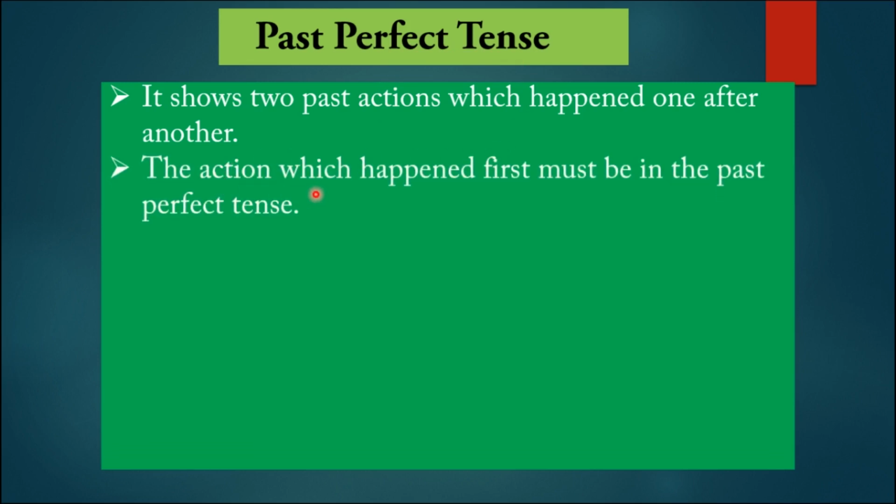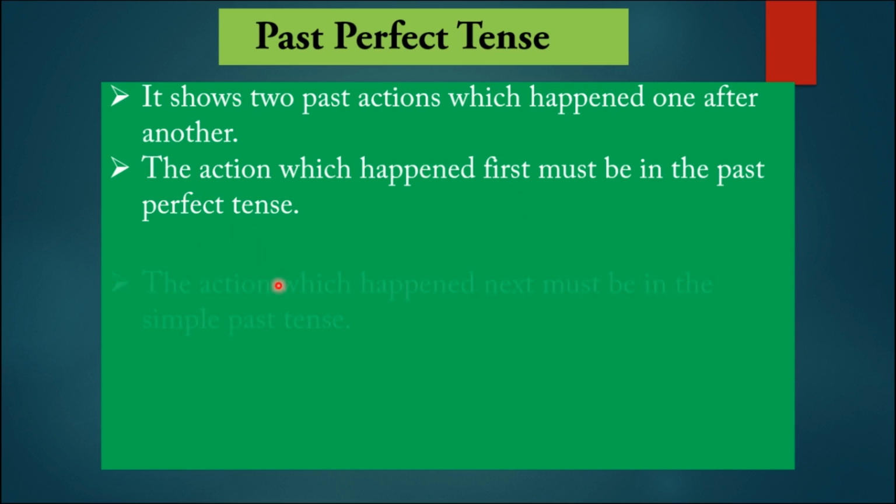The action which happened first must be in the past perfect tense. I already told you here are two past actions. Of these two past actions, the action that happened first must be expressed in the past perfect.